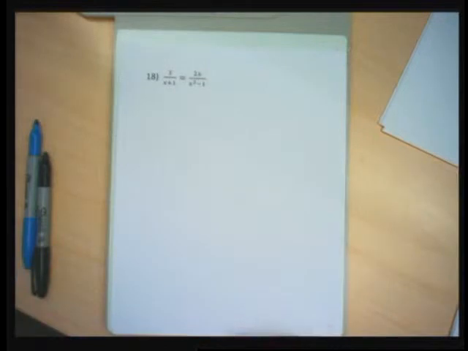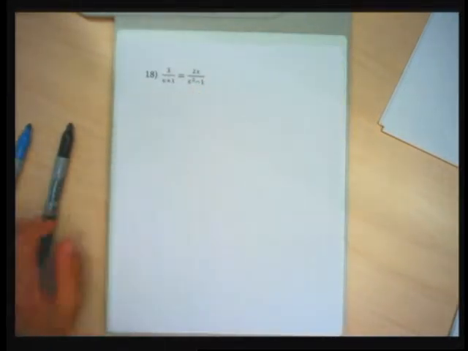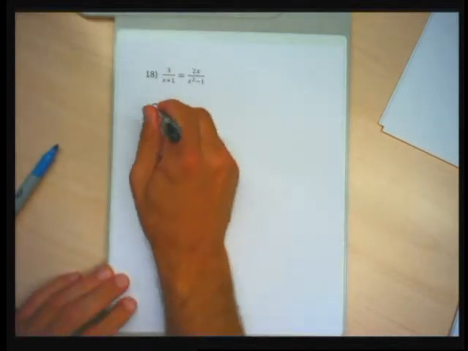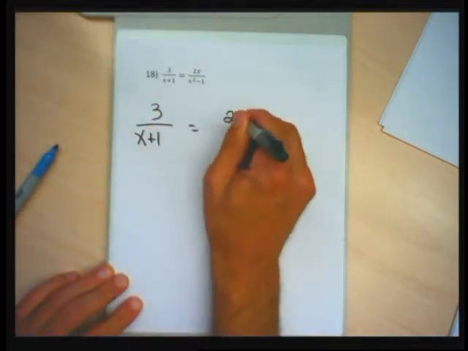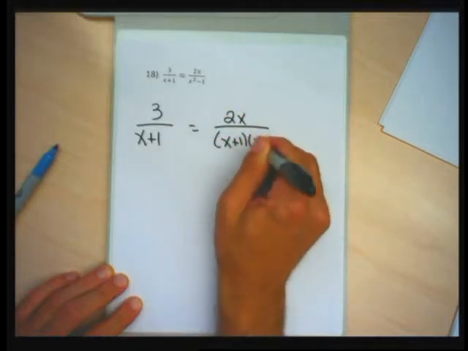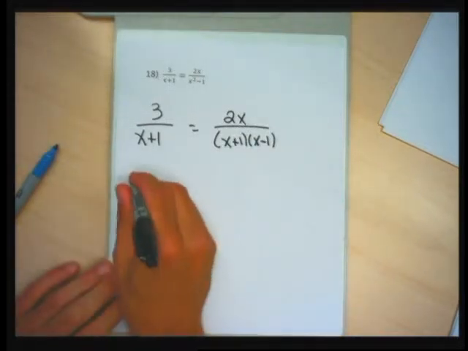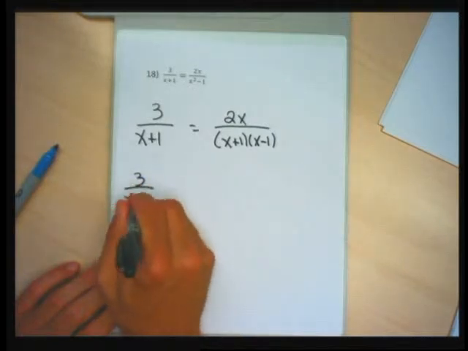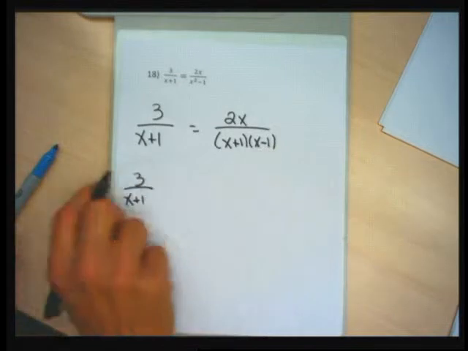18, there's a denominator that can be factored. This x squared minus 1, I'm going to factor it. I'm going to write this as 3 over x plus 1 equals 2x over x plus 1 times x minus 1. And I'm going to multiply to clear the fractions. Multiplying by x plus 1 would clear the x plus 1s, but not the x minus 1s.